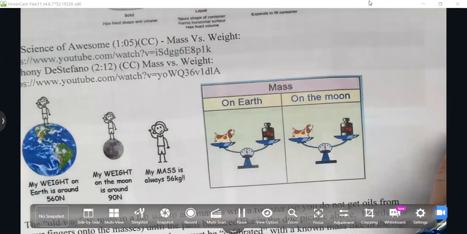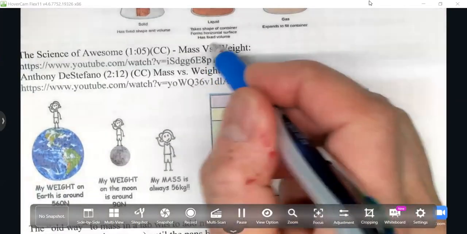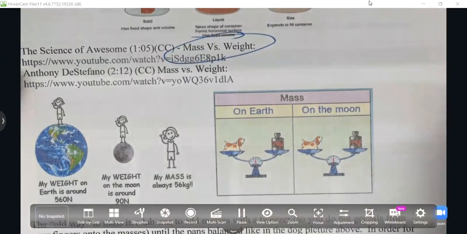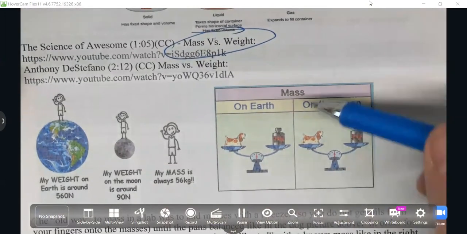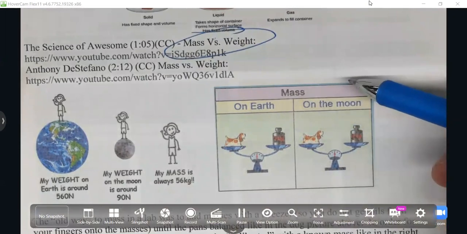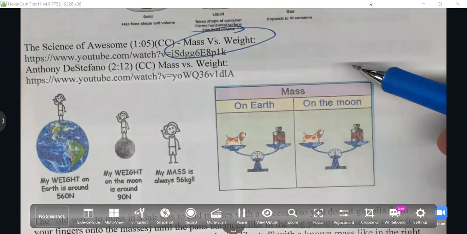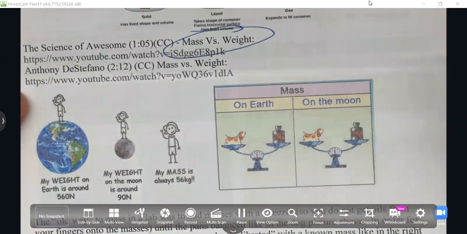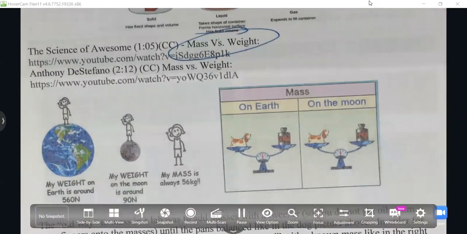Now, you got to talk a little bit about mass versus weight. When you step on a bathroom scale, it works because the scale is between you and what? The earth, right? So the earth is trying to push you through the scale. And the scale has numbers.